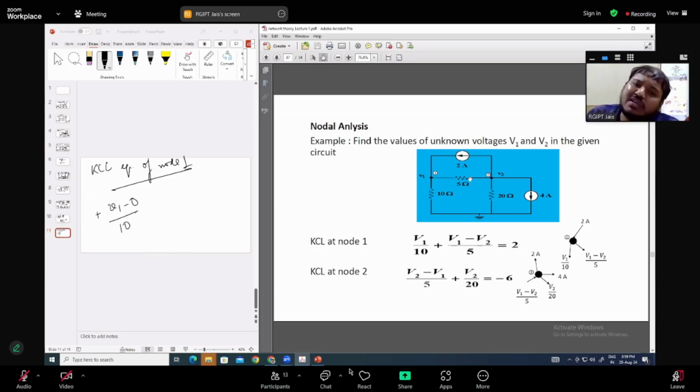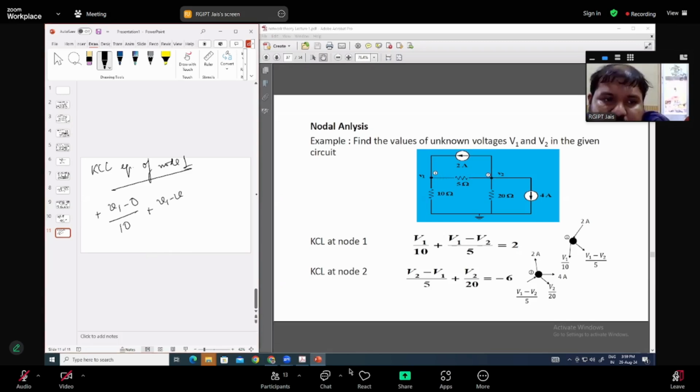The thumb rule is to consider V1 as the highest, because we are writing the KCL equation for node 1. If V1 is greater than V2, the current flows from higher to lower potential, so it goes out of this node. That means again plus sign.